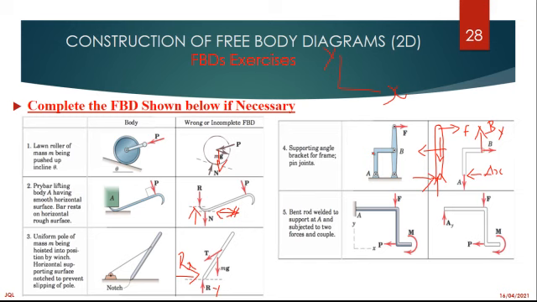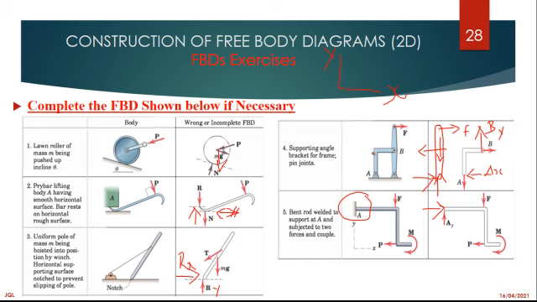The last one, I'm telling you this is the last one. Here we have got a fixed connection. So on a fixed connection, you need another force and a moment, right? So here we have got a force P facing the left direction.